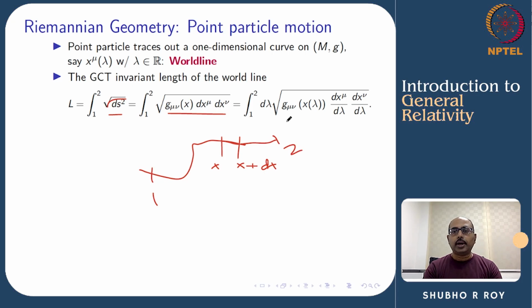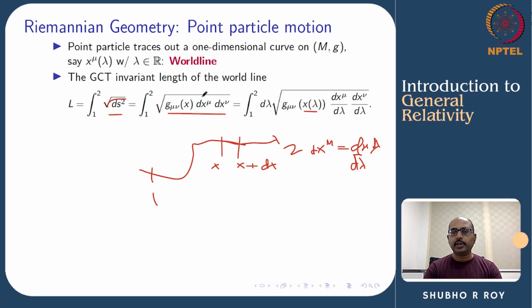Now, remember, x is not an arbitrary point, it must lie on the world line, so that's why I've indicated this functional dependence on λ. So g_μν is a function of x, which in turn is a function of λ. And then dx^μ, this infinitesimal increment or difference in the coordinate, because the coordinates are functions of λ, must be given by this rule, dx^μ/dλ times dλ.